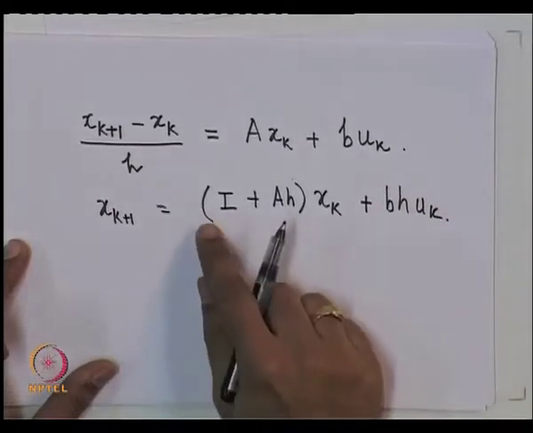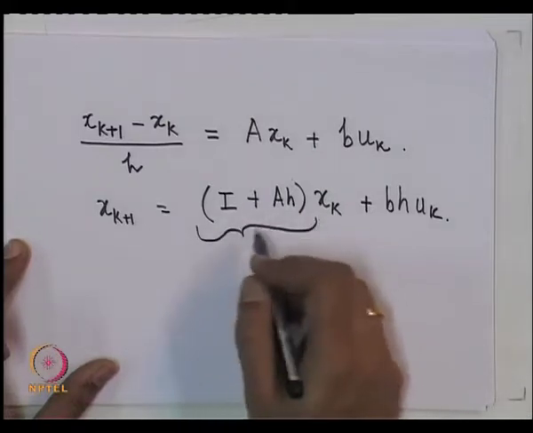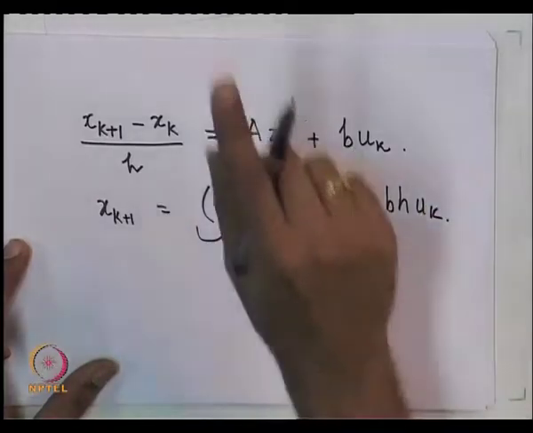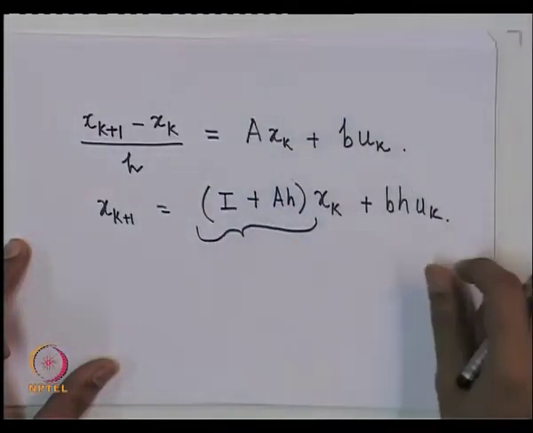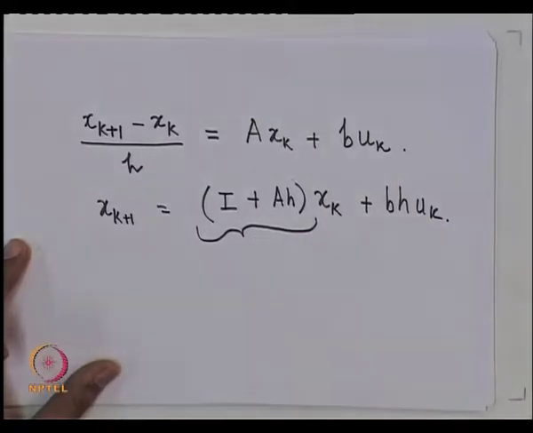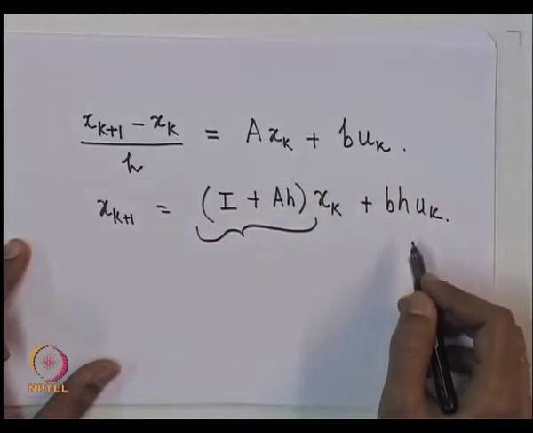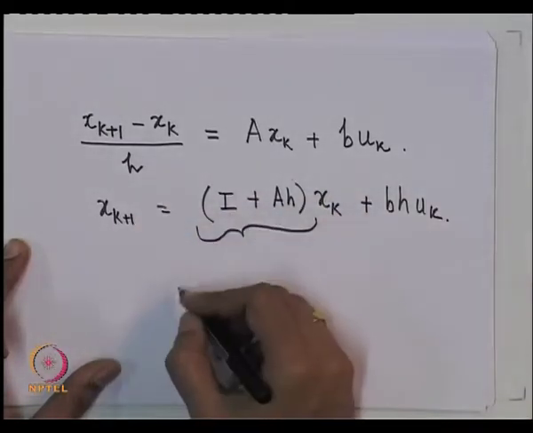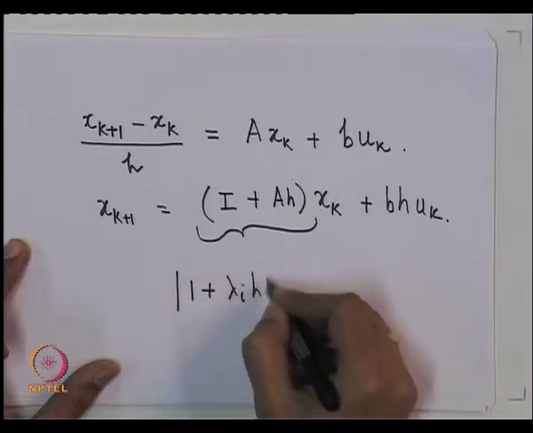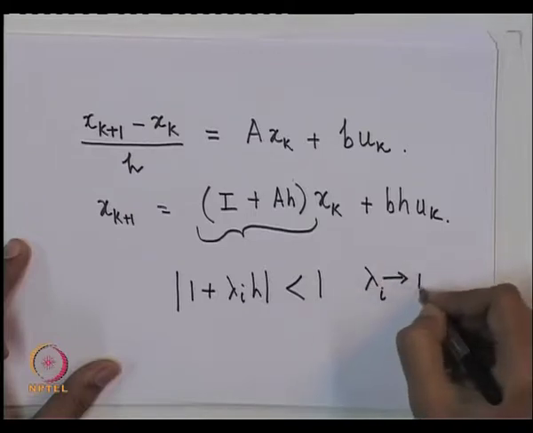We have seen in a previous lecture that when the Euler method tries to numerically integrate x dot is equal to a x plus b u, the discretized system which you get may be stable in case where lambda is the ith eigenvalue.